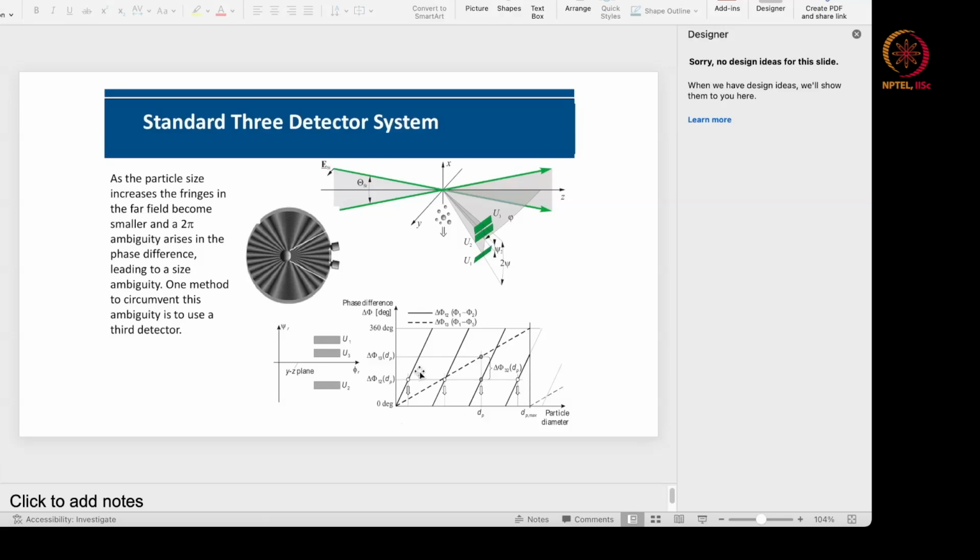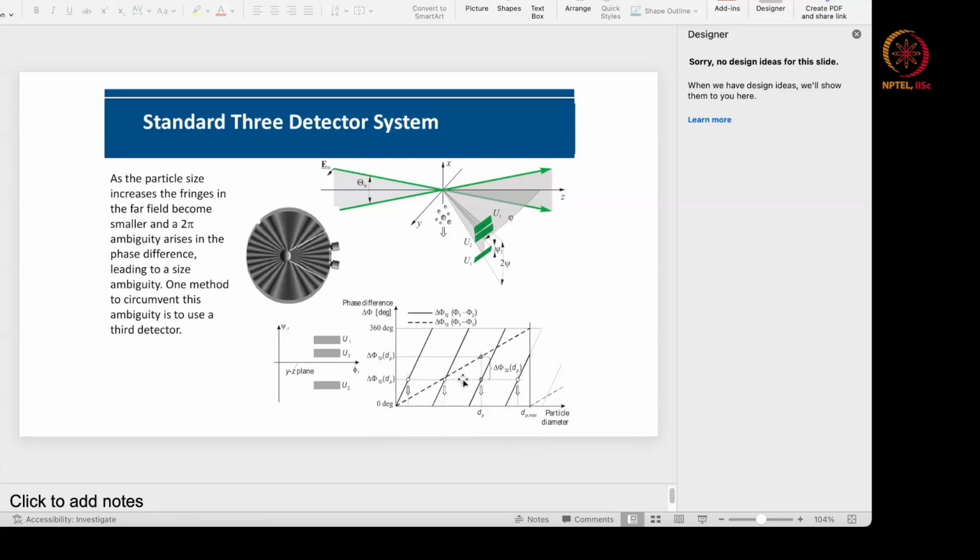The phase difference has moved up to 360 degrees and then it starts again, so more fringes populate between these two detectors. You do not know whether you are measuring just delta phi, or 2 pi plus delta phi, or 3 pi, or 4 pi, and so on. So there is an ambiguity of 2 pi, as you can see.